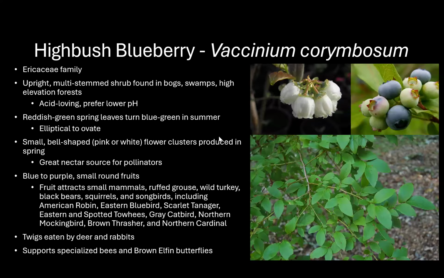They're going to produce usually at some point in the spring, depending on the species, but again, we're particularly talking about our high bush, these lovely, cute, adorable little bell-shaped flower clusters. They're generally pink to white in color, and you can see how they resemble the fruit that is produced afterwards, which is our actual blueberry, when we think of a true blueberry.